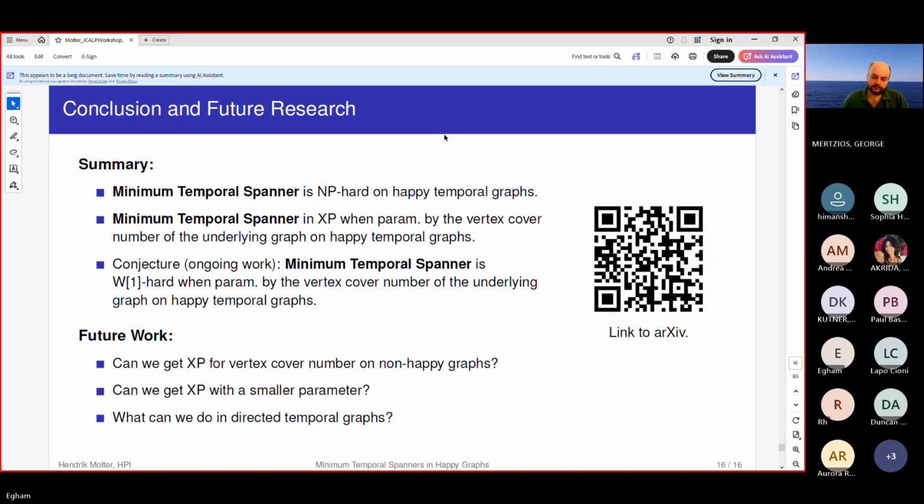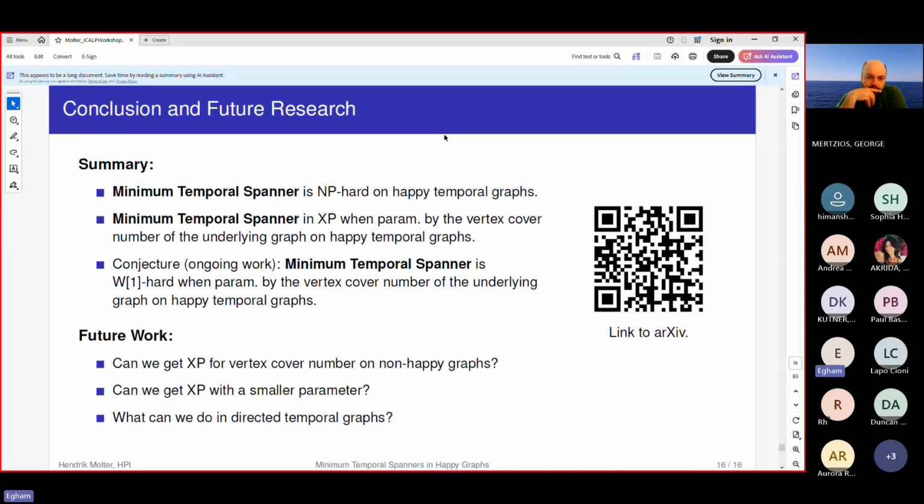But we could not get this to an XP algorithm for tree width. So we tried to look closely into how the dynamic program on a tree decomposition looks like, and that had running time number of labels to the number of labels times tree width squared. I think at least we didn't manage to get the number of labels out of the exponent of the running time. But we also don't have a lower bound, so this is open as far as we know. Thank you.